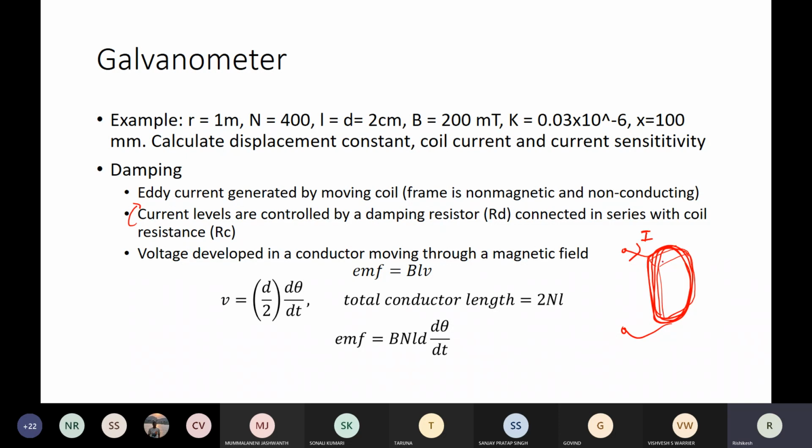But along with this you can represent it like this. There is a current flow through a resistance. This is the coil resistance, but along with this, there is a purposefully connected series resistance. This is known as damping resistance RD, and this is the coil resistance RC.